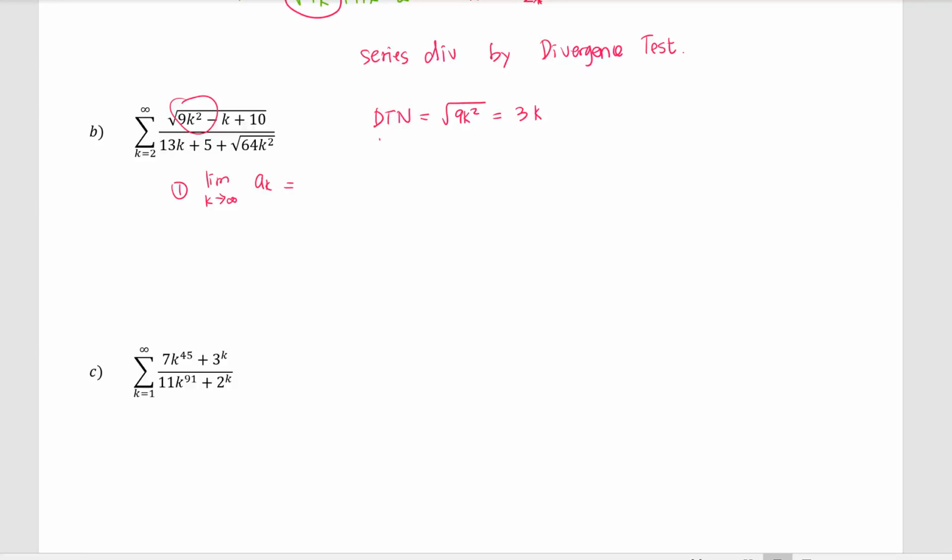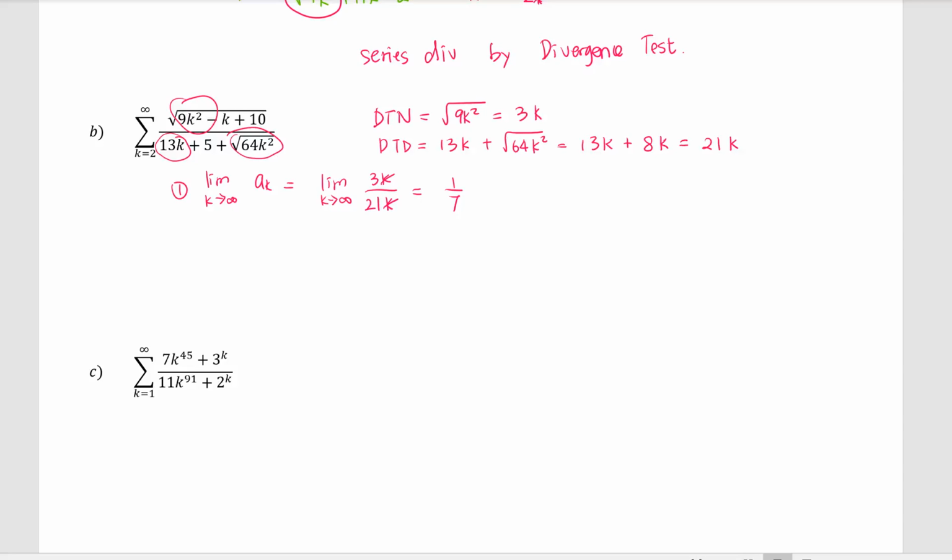The dominant term of the denominator: here we have a degree 1 term, and this is also a degree 1 term. So it's 13k plus the square root of 64k squared. That's 13k plus 8k. So what's 13 plus 8? 21k. So we have the limit as k goes to infinity of 3k over 21k. They cancel, we get 1 over 7.